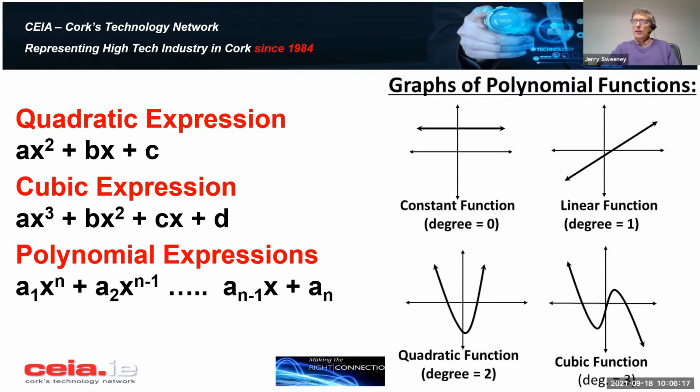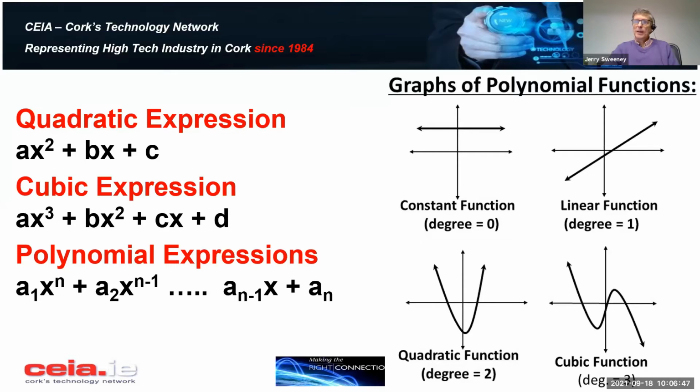So if you have a function of degree 0, that's a constant function. On the left-hand side you have quadratic expressions, and if you graph those as functions, so if you say f of x is equal to ax squared plus bx plus c, you create a function.